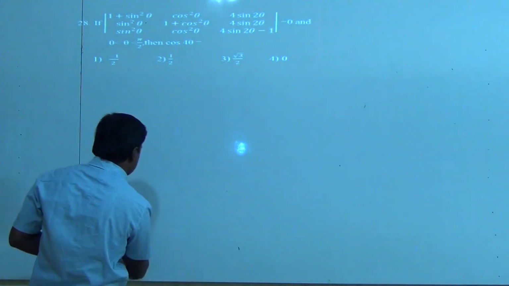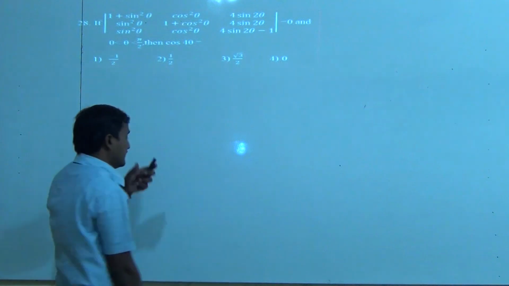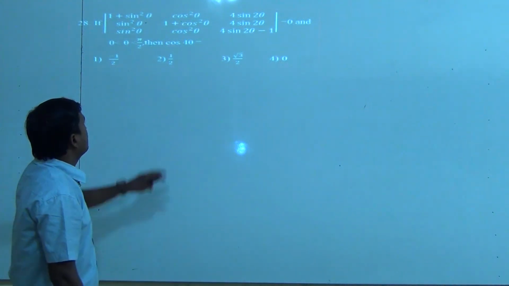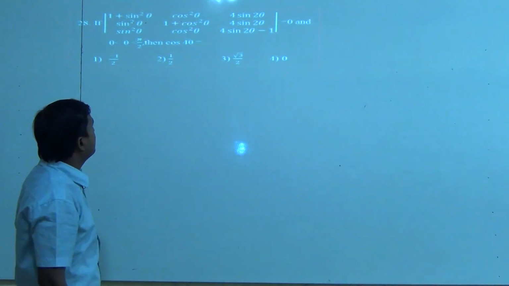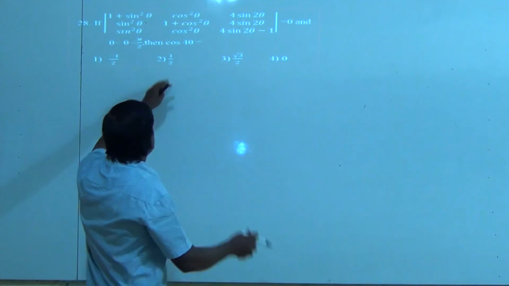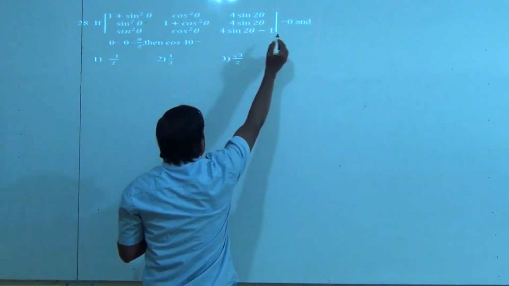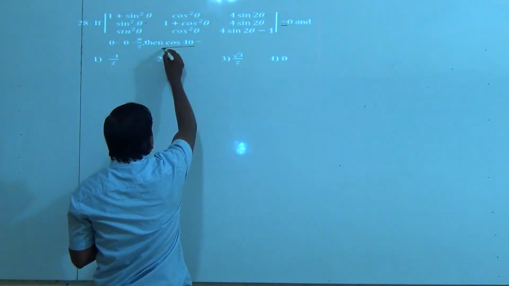Okay, the next question, that is the 28th question, right? So find the value of this determinant, right? To find it, what they have given here is that the value of this determinant is 0, and here we should find cos of 4 theta.